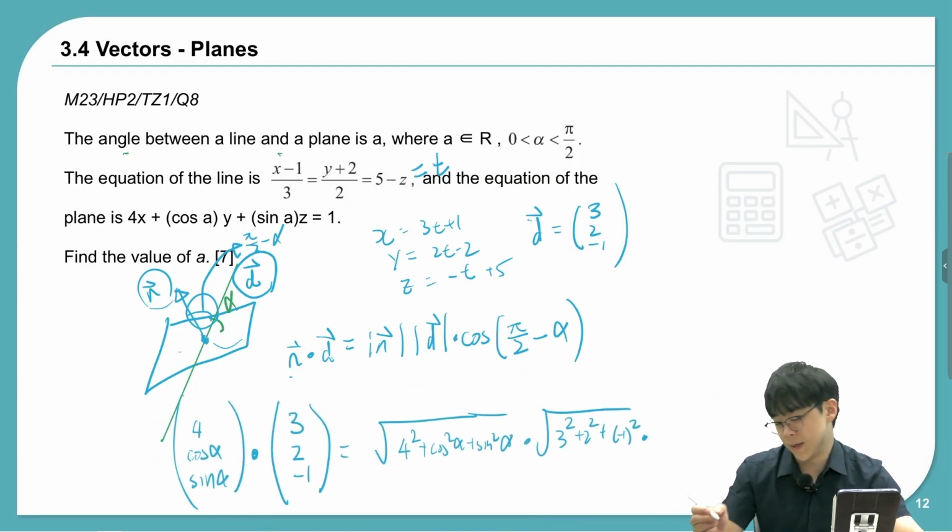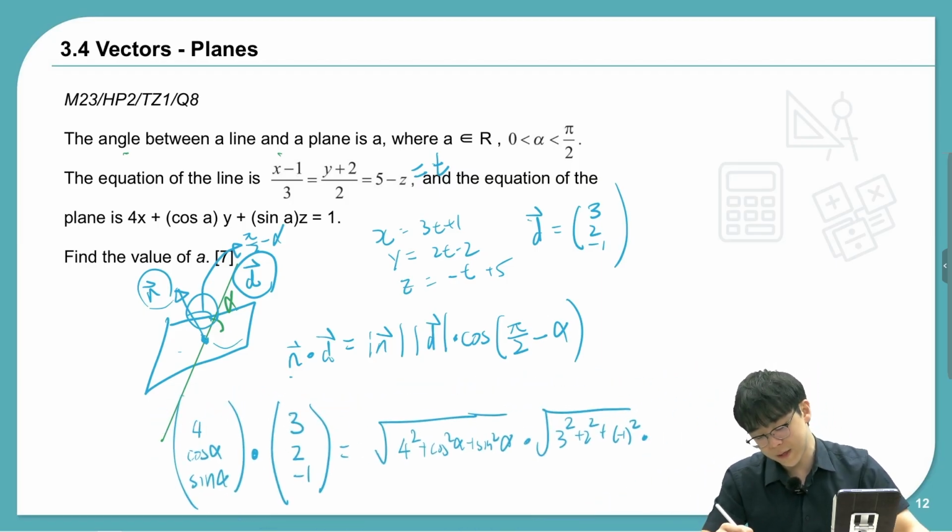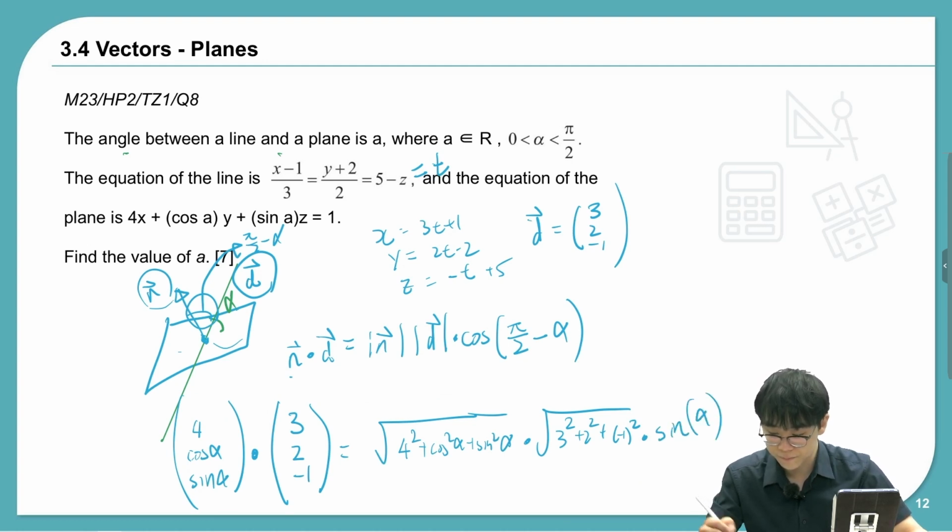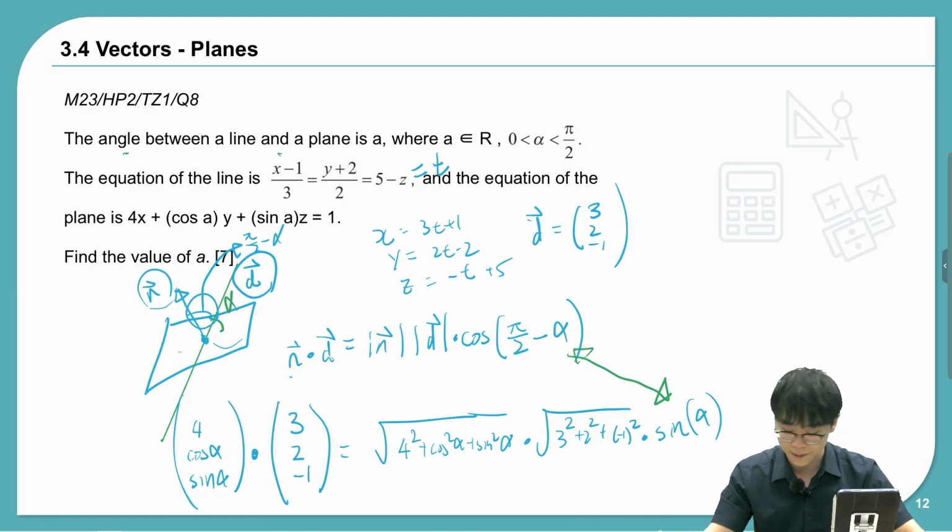But this is a shortcut. We know that cosine of pi over 2 minus alpha is the same as sine of alpha, because if you have complementary angles, the cosine and sine relationships are the same, because they both add up to 90 degrees. So this is what we're going to solve, and eventually we should be able to solve for what alpha is.